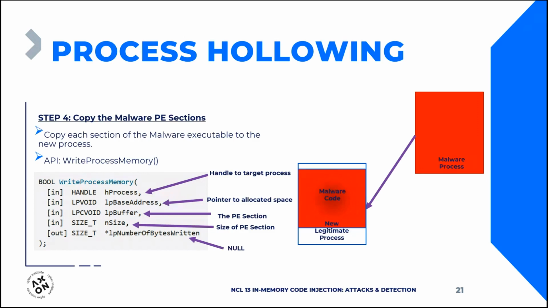Once I call WriteProcessMemory, I have my injected code inside a process called notepad. The process came from notepad.exe, but there is nothing in it close to Notepad. It is now the virus. It's now the malware.